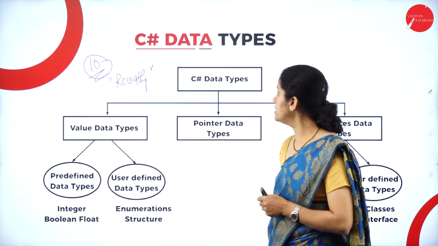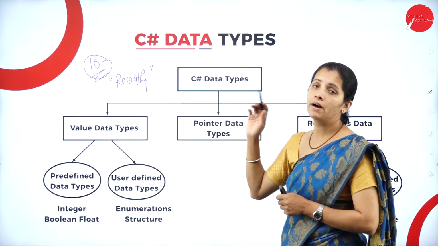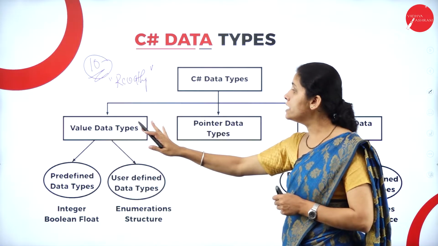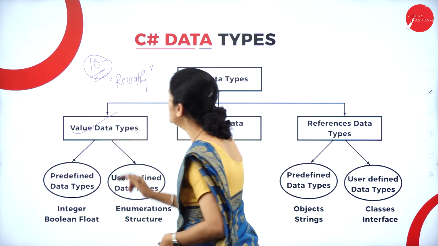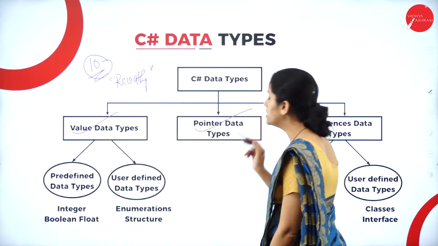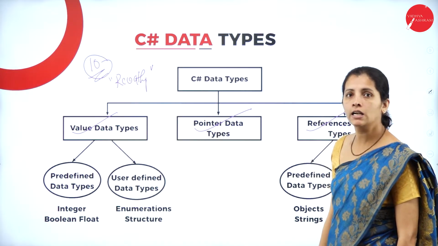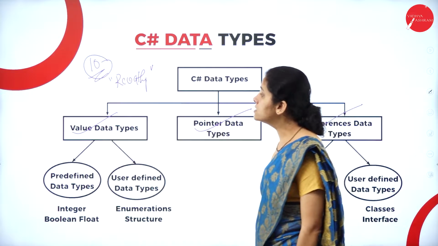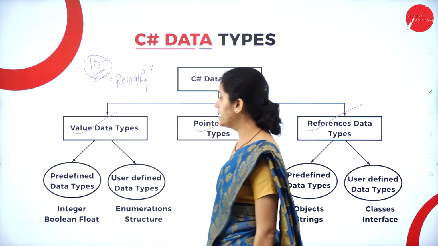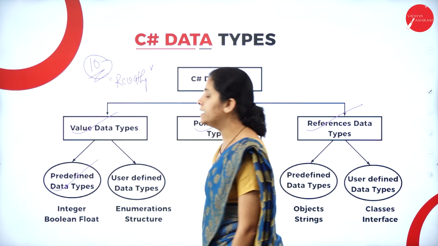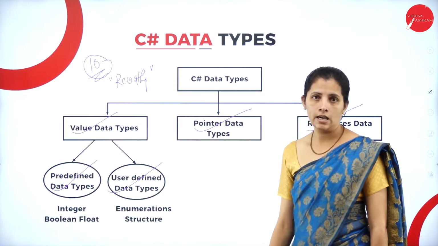String. So here C# data types are mainly classified into three different types, that is value data type, pointer data type, along with reference data types. Now these value data types are further classified into predefined data types and user-defined data types.